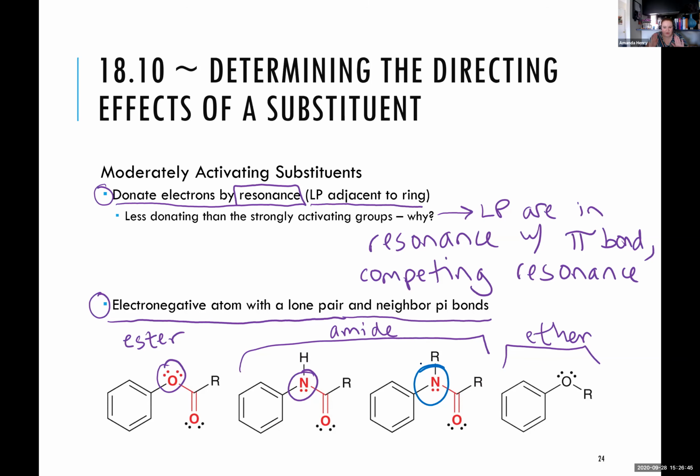So stick to those two guidelines to start with, and then for each of these, on the slide here, when I put down that it's donating through resonance or donating through induction, I tried to put in parentheses why it fits into that category or why it can do it that way. And so use that as your reasoning. Does that make sense?